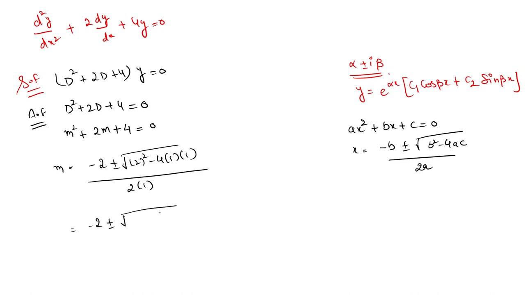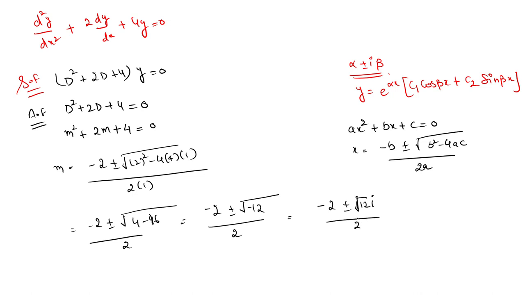So minus 2 plus minus root of 4 minus 16, which is minus 12, divided by 2. So minus 2 plus minus root of 12 i divided by 2.